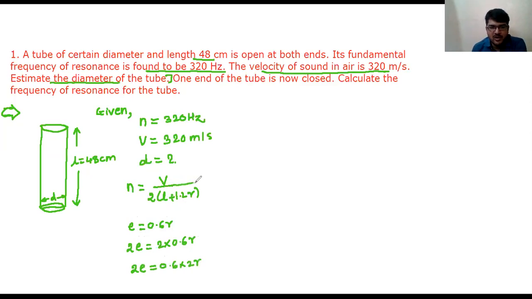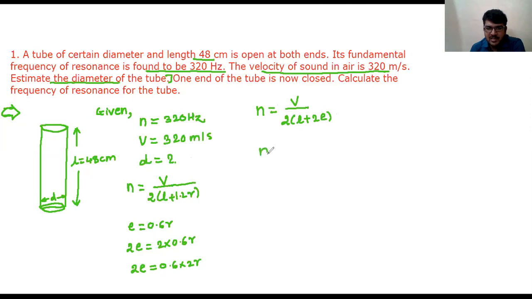So this is our formula. Now can I write like this? n is equal to v divided by 2 into L plus, here it is 2E. Because same as here, 1.2 R, here it is 2E. The 2E value is 1.2 R.